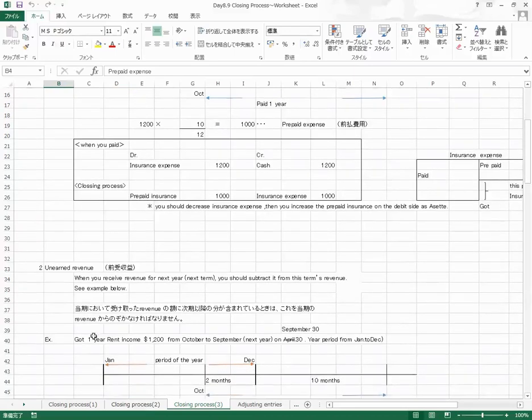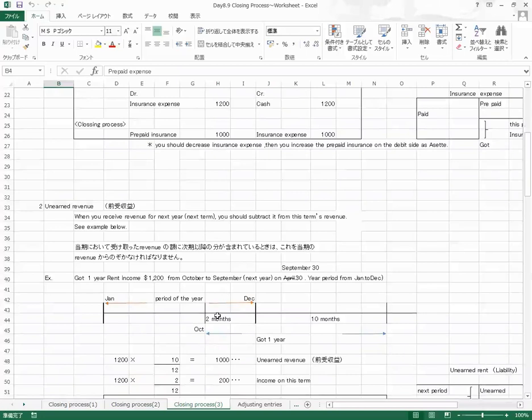Do you understand? For example, you got 1 year rent income 1,200 from October to September. Next year's rent income, from October this year to September next year, you already got on September 30. So the year period is from January to December.